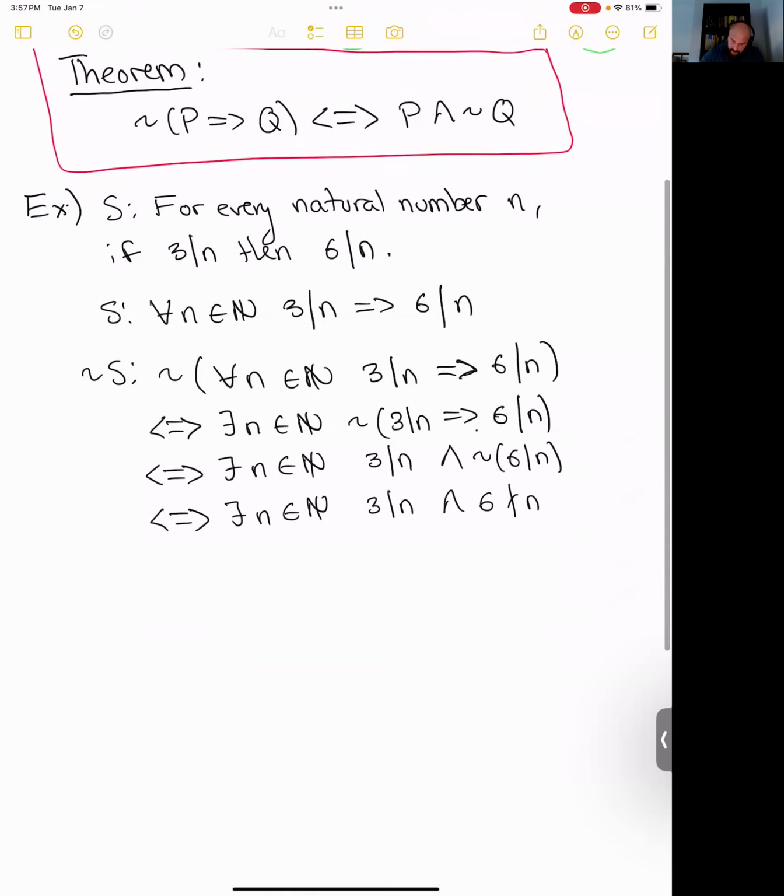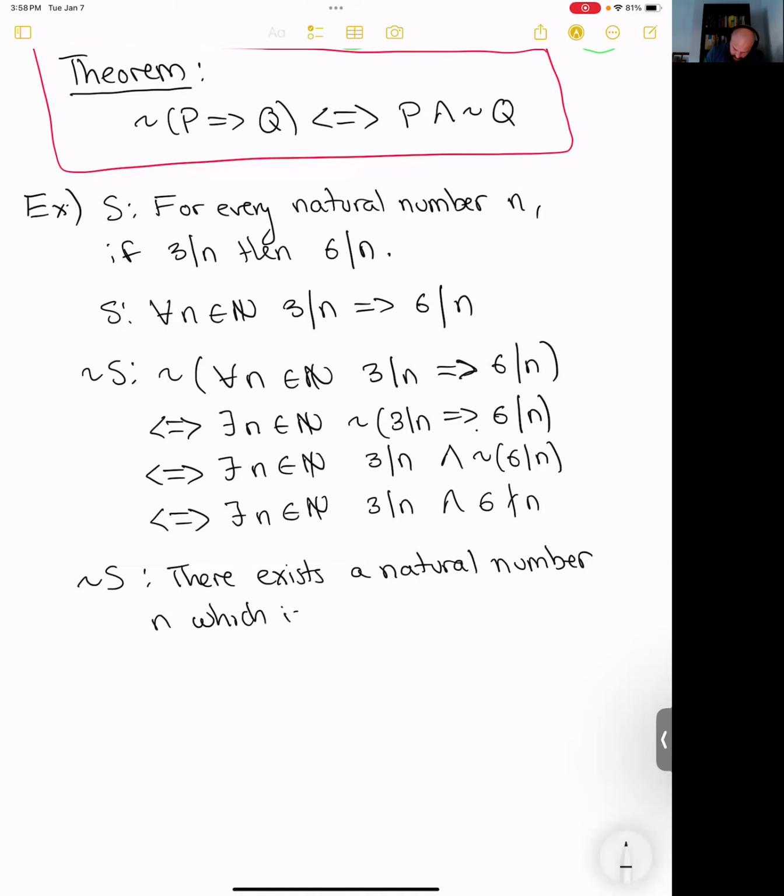Let's just give ourselves some room, but also let's translate this back to a sentence using just English. So now it would say that there exists a natural number n which is divisible by 3 and not divisible by 6.